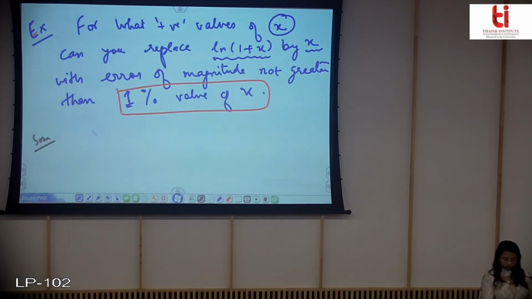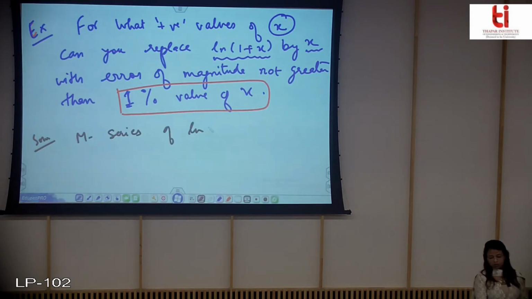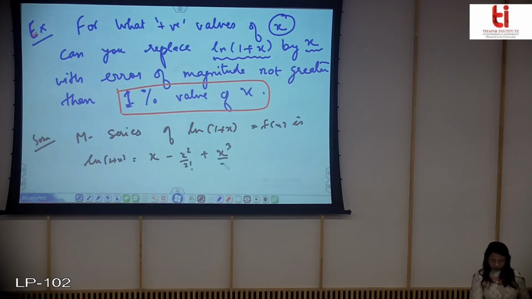So for solving, first of all you need to find the Maclaurin series. So I write down directly the Maclaurin series of this, and so on, minus and so on.